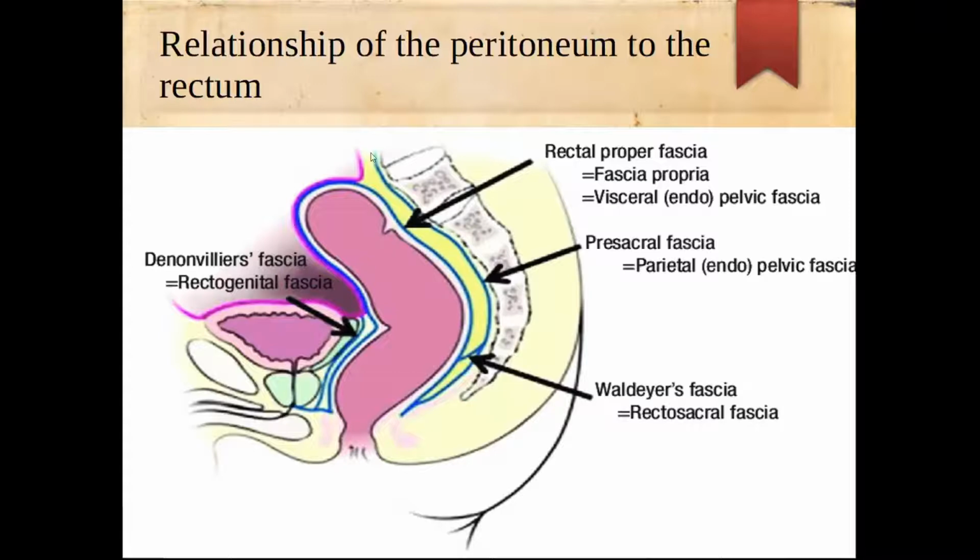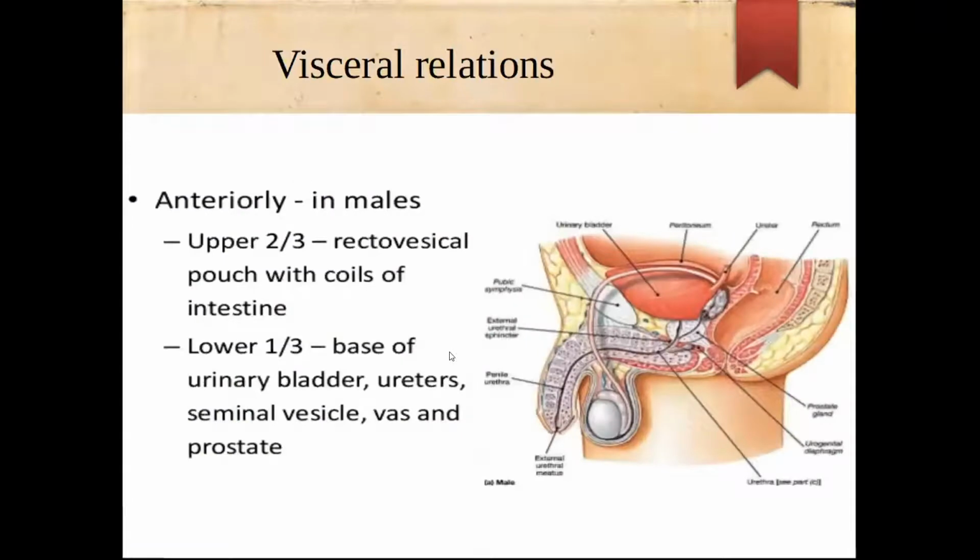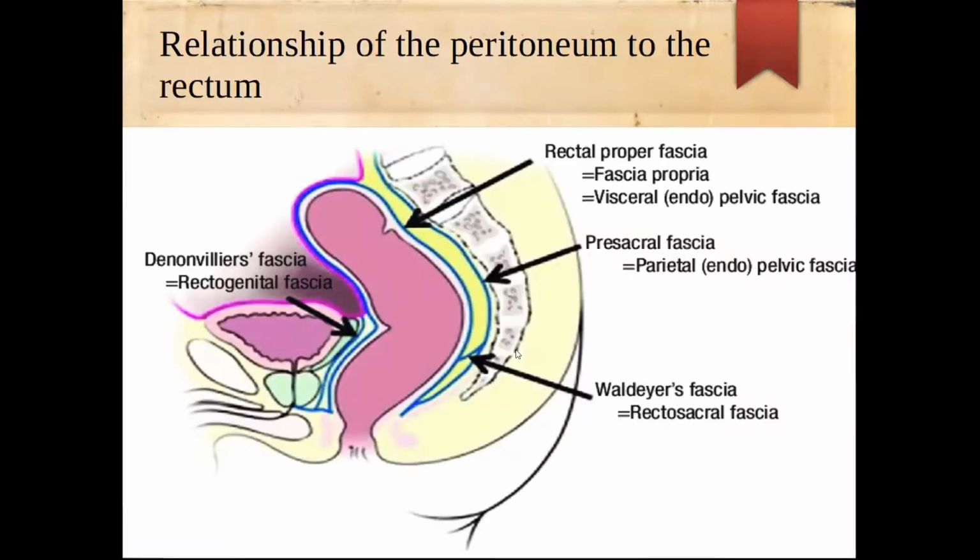If you notice here, this is the presacral fascia. If you follow the presacral fascia, it is reflected here and forms Waldeyer's fascia, or the rectosacral fascia. Okay, and then there is Denonvilliers' fascia.